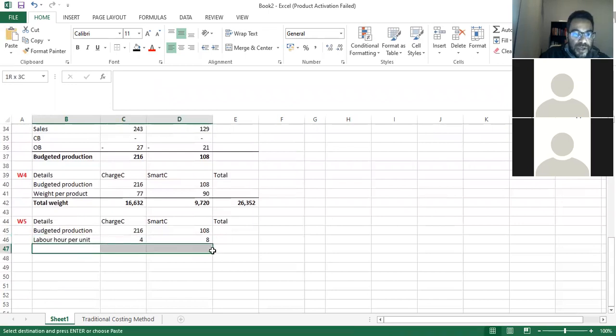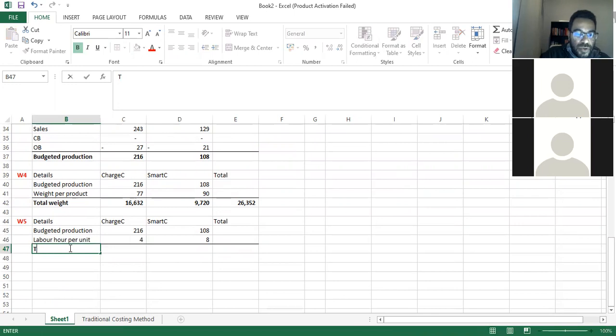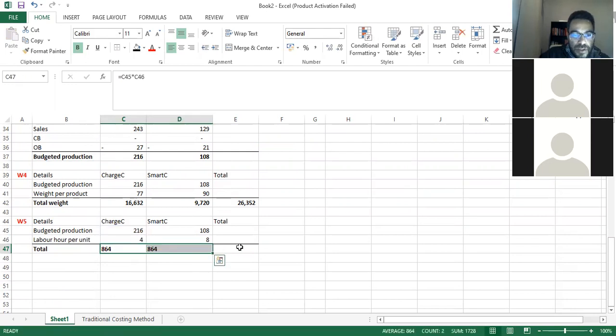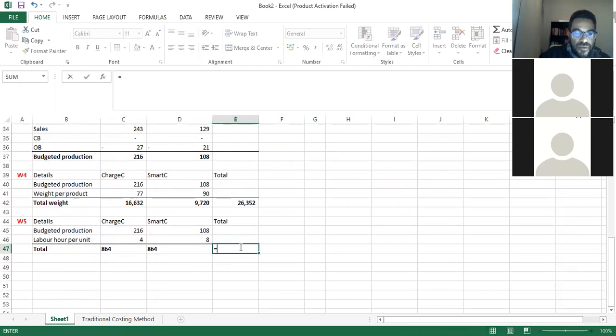So now if I get the total, so I'm going to say total. So it's going to be 216 multiplied by 4 and drag that across. I'm going to say sum.